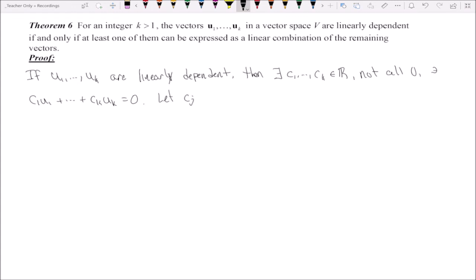Let cj be one of the non-zero coefficients.